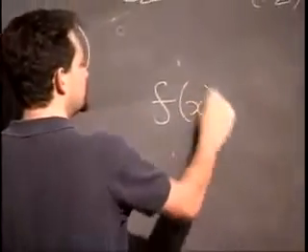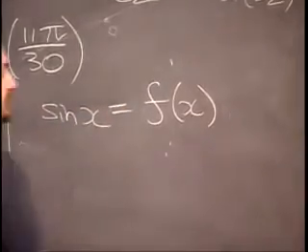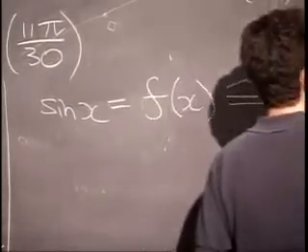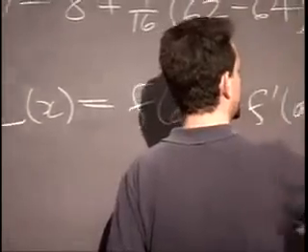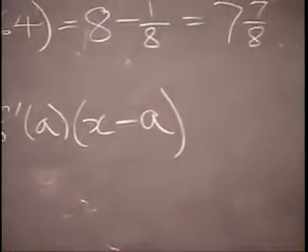So we immediately write f of x, which after all is sine x, mightn't hurt to write that down, is approximately L of x, which is f of a plus f prime of a times x minus a. Look familiar? That's the general formula.